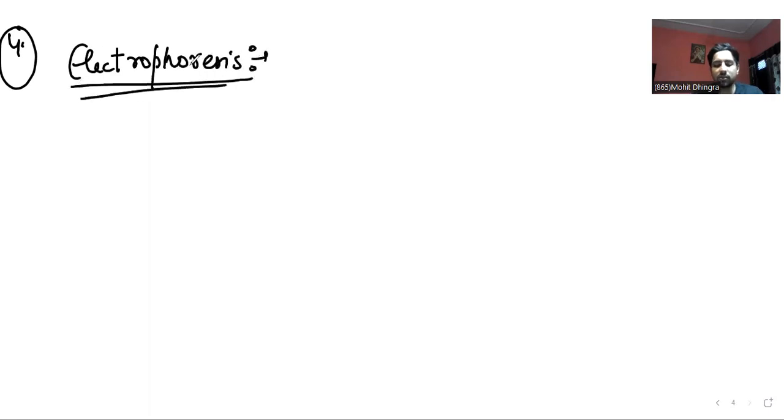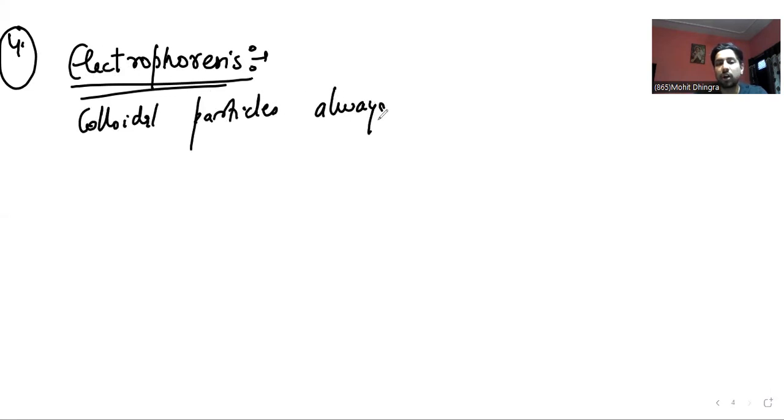Now, next property is electrophoresis. It is also a very important property. What is electrophoresis? The colloidal particles always carry some charge. Now, when an electric field is applied on these colloidal solutions, they will move with respect to the anode and cathode.